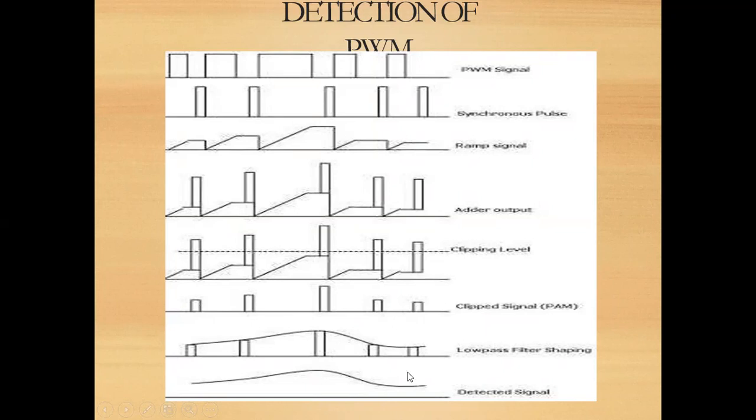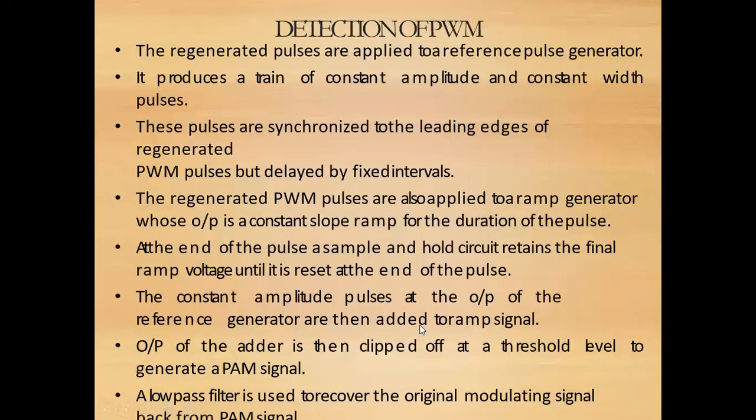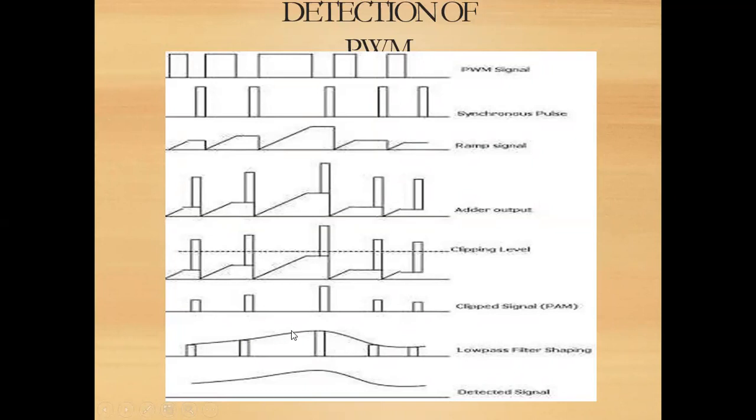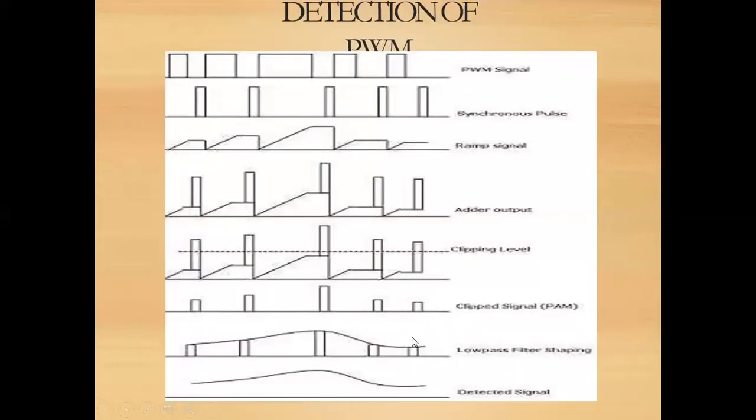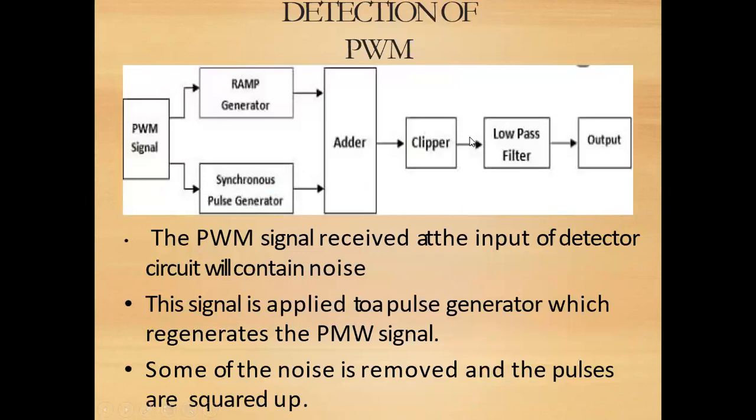Then this is applied to the low pass filter. As we know, the low pass filter shapes our output, so if you join the peak amplitudes, it looks like our input modulating signal, which is the output of our PWM demodulation technique.